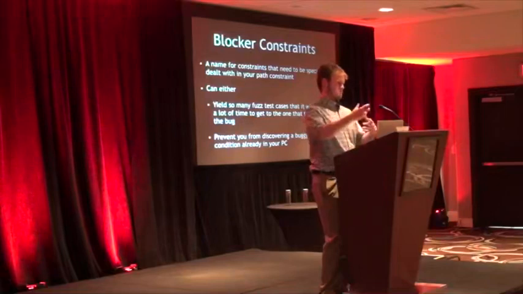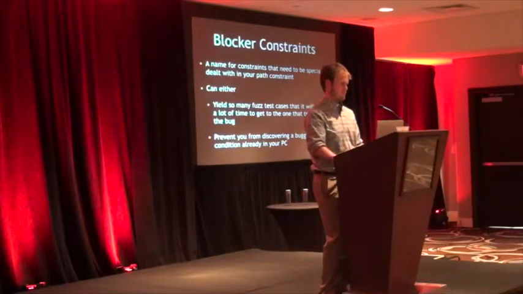The idea is that there are just one or so of these blocker constraints, or just a few inside of your path constraint, and the path constraint is mostly good, except for those.